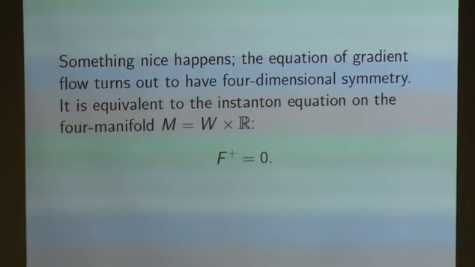So our equation becomes E plus B equals 0, which is a non-relativistic way to write the instanton equation.